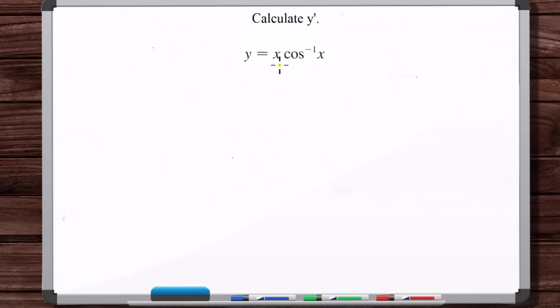Okay, here we can use the product rule. This is one function of x, just this x here, and another function of x is inverse cosine of x. The derivative of the first, the derivative of x, is just 1, times the second, plus the derivative of the second. What is the derivative of inverse cosine of x?